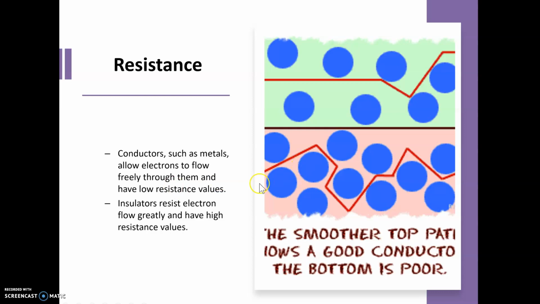Whereas insulators, this diagram, I know it's been cut off, represents a material that is more insulating, and the electrons are not easily able to get through this material as readily as within a conducting material here on the top.